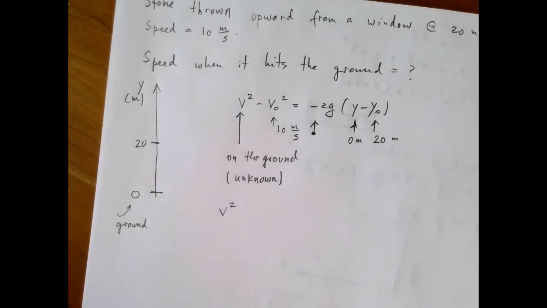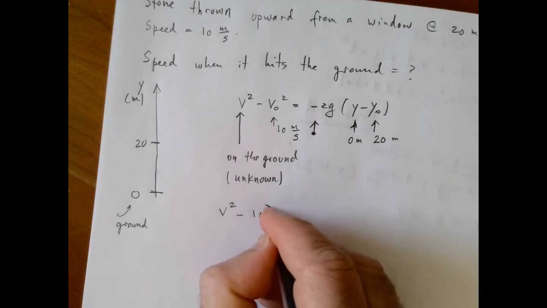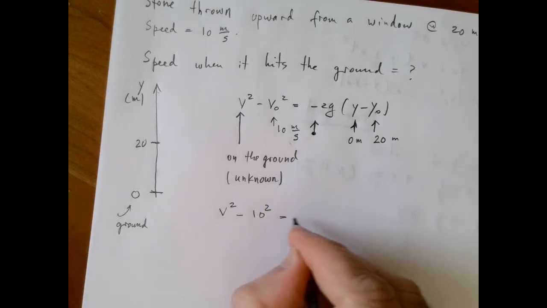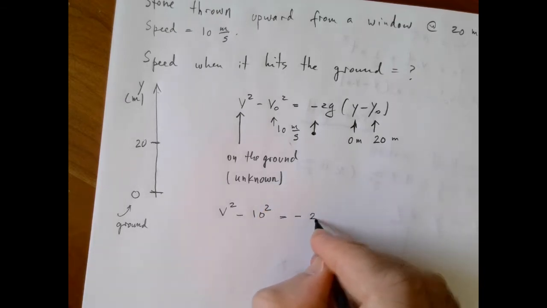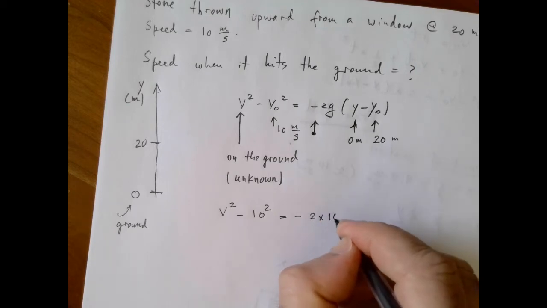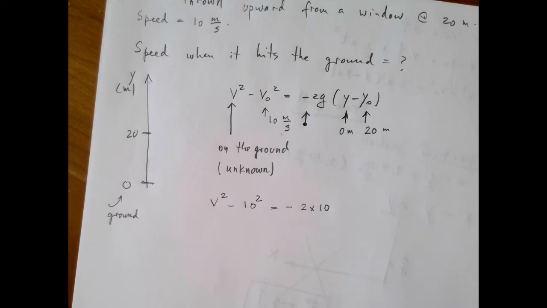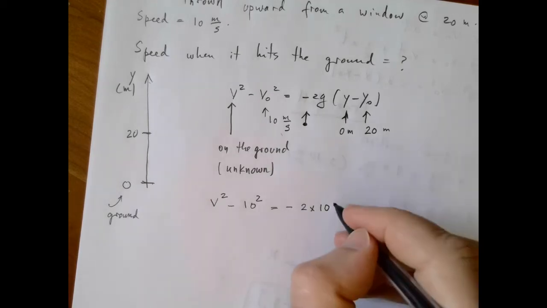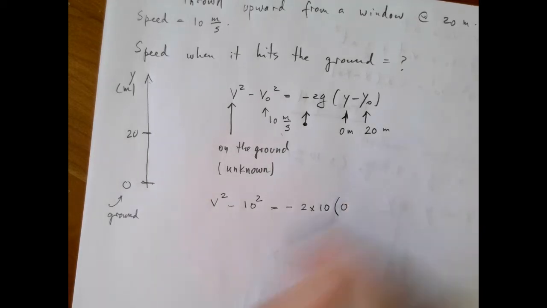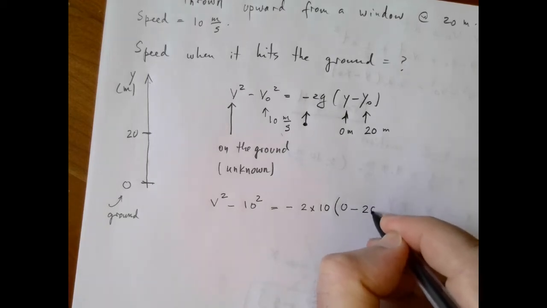So our equation becomes v squared minus 10 squared is equal to negative 2 times 10, I'm using g equal to 10 meters per second squared for simplicity, times the final position, which is 0, minus the initial position, which is 20.